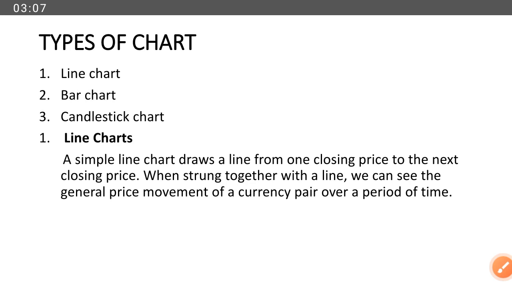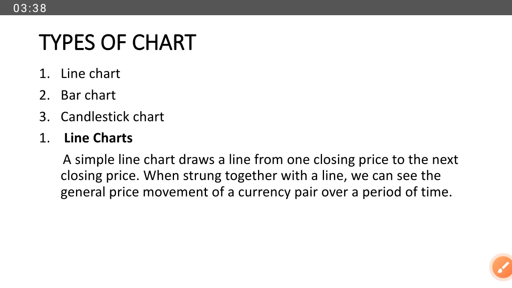Now, line chart. A simple line chart draws a line from one closing price to the next closing price. When strung together with a line, you can see the general price movement of a currency pair over a period of time. In a line chart, it's just the drawing of a line to represent the price movement.